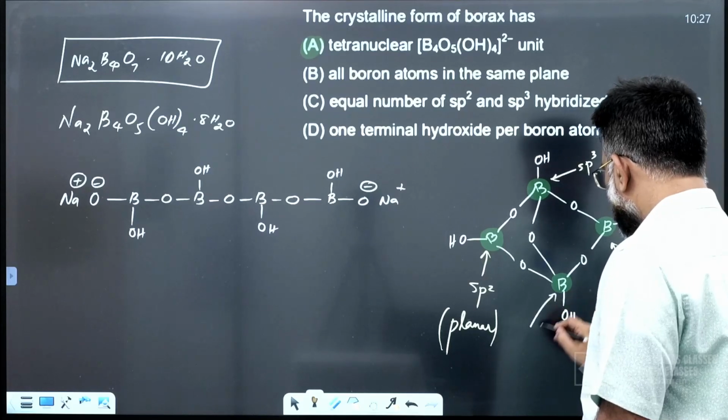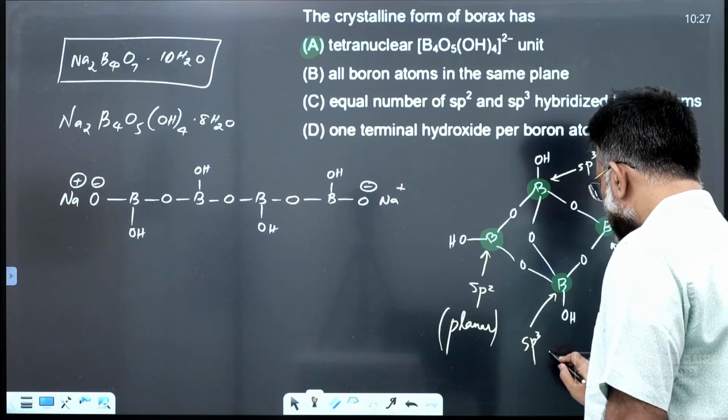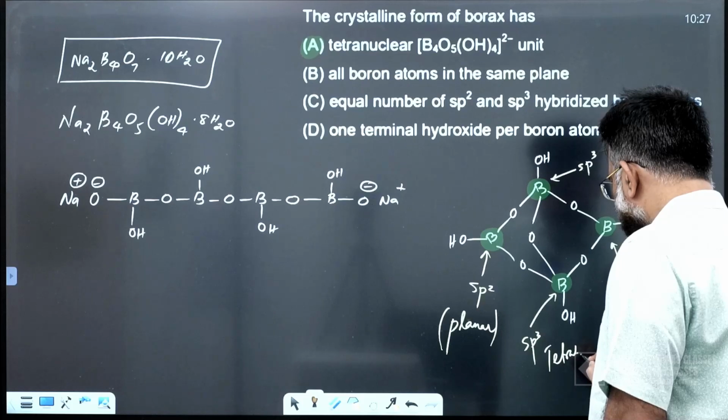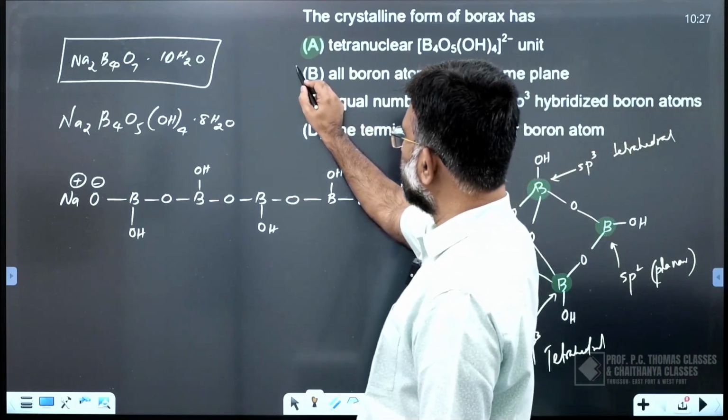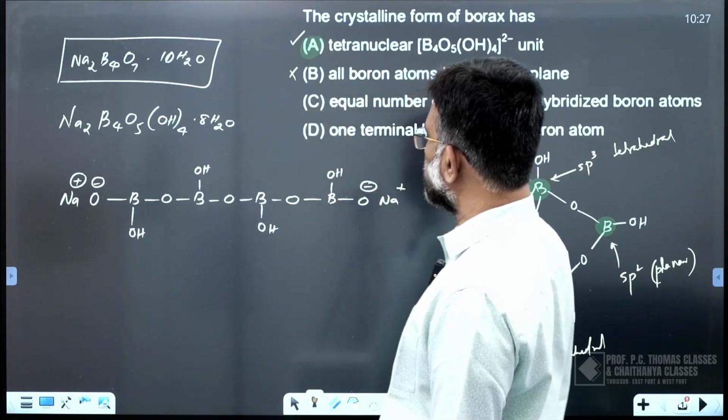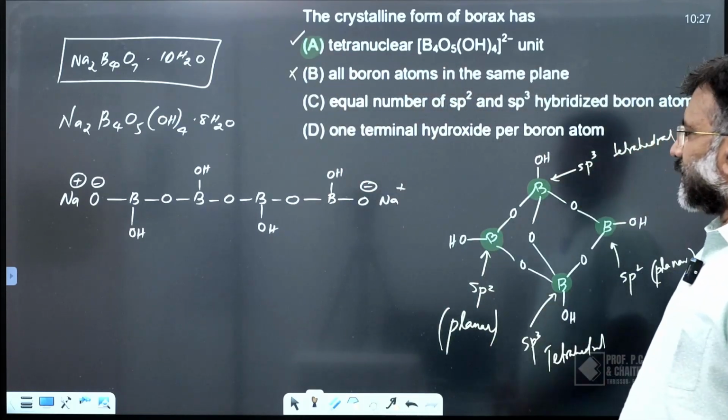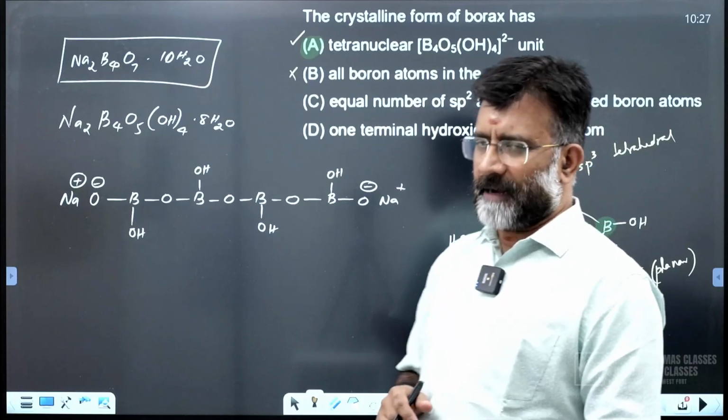This is also sp3 hybridized and tetrahedral. So option B is a wrong statement. All boron atoms in the same plane, not in fact.